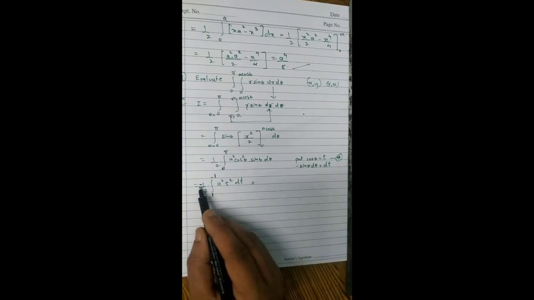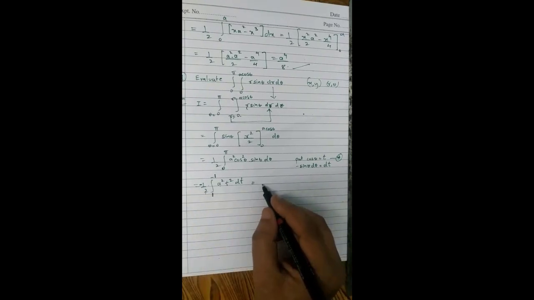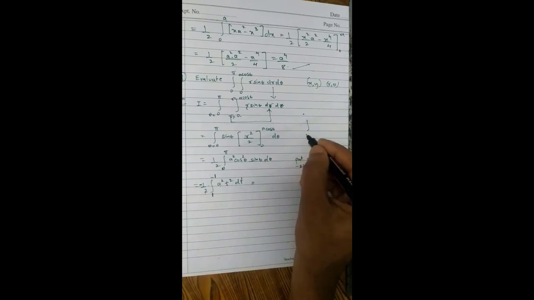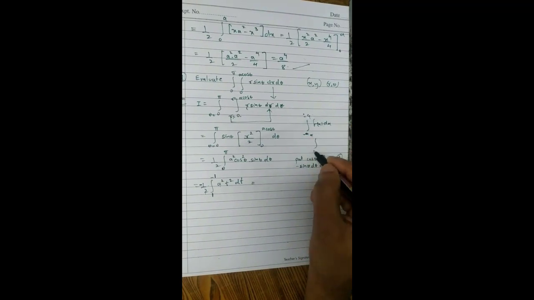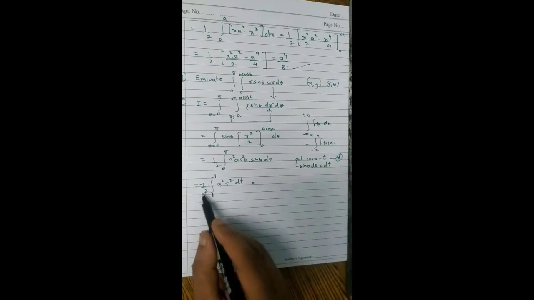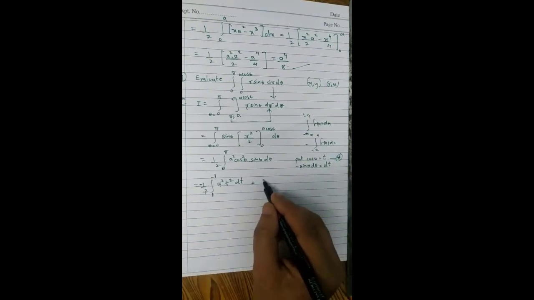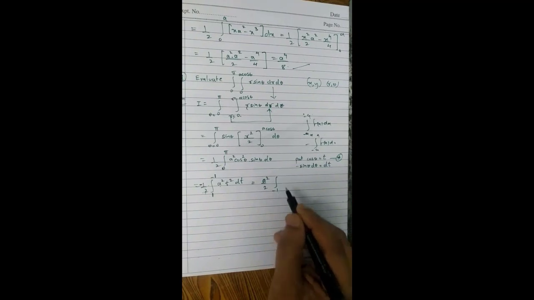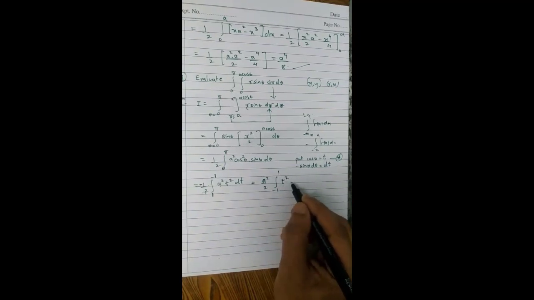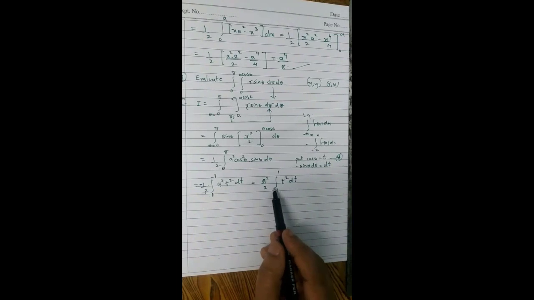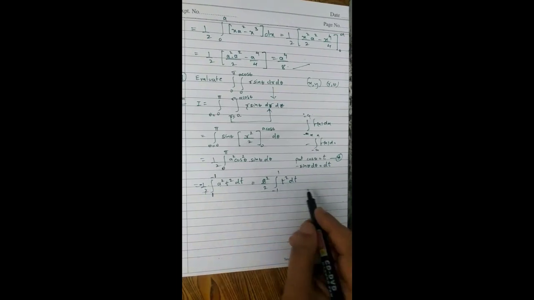That is, integration from a to minus a of f of x dx, if you change the limit, that is minus a to a, turns out to be minus f of x dx. So this turns out to be a square by 2 integration from minus 1 to 1 of t square dt. That minus sign and minus sign becomes plus, right?